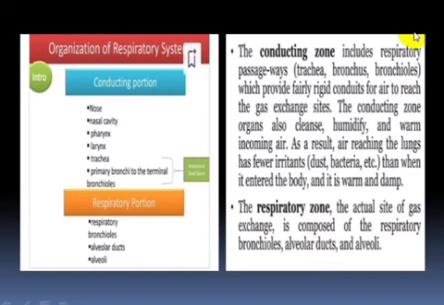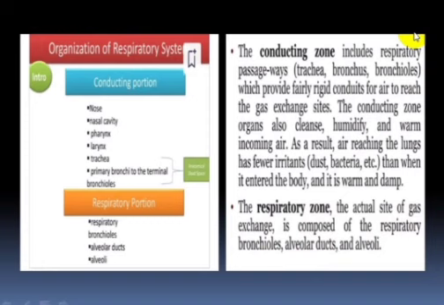This zone of the respiratory tract is not involved in gaseous exchange. I repeat, this zone, that is the conducting zone of the respiratory tract, is not involved in gaseous exchange.